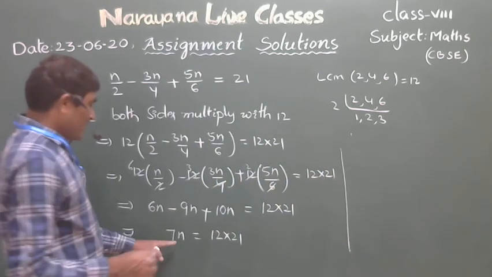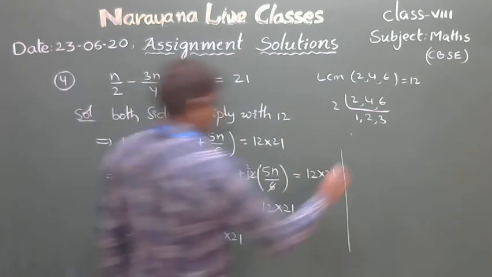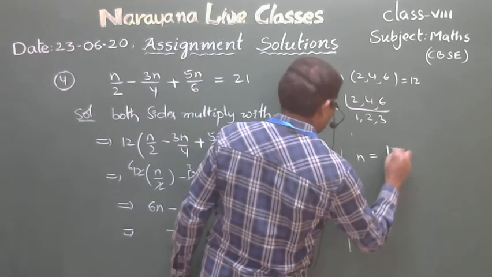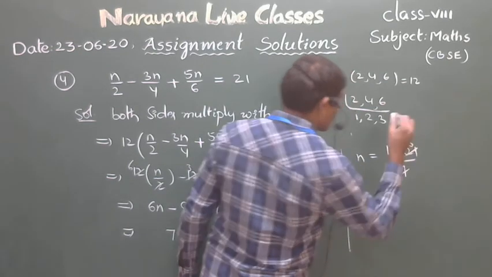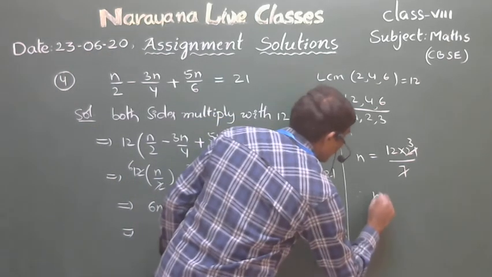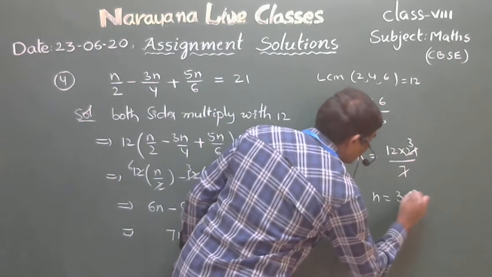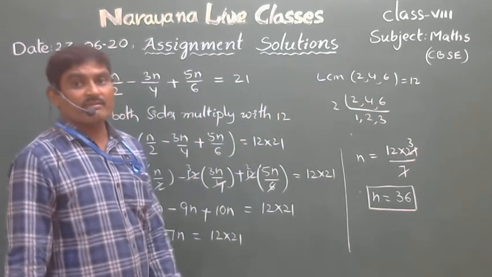Here see, 7 is multiplied with n, so it is transformed to the right side and divided. Then n is equal to 12 into 21 by 7. 7 ones are 7, 7 threes are 21. Therefore n is equal to 12 threes are 36. So n is equal to 36 is our solution.